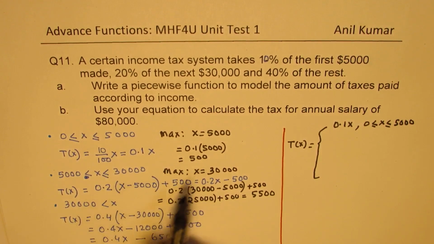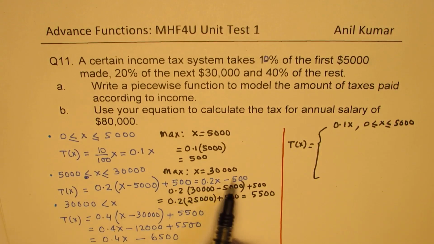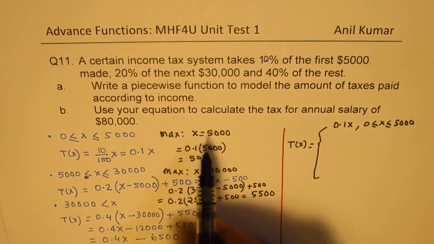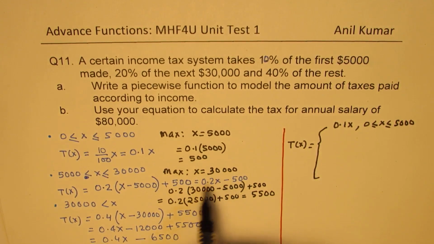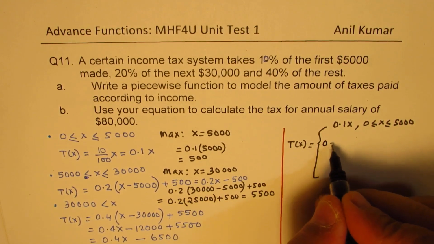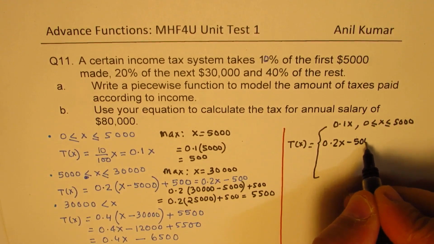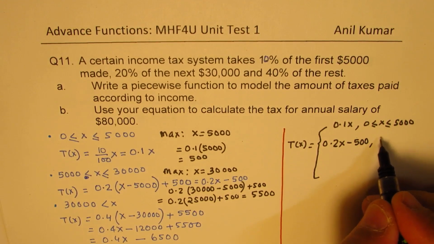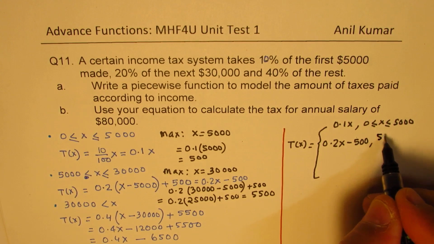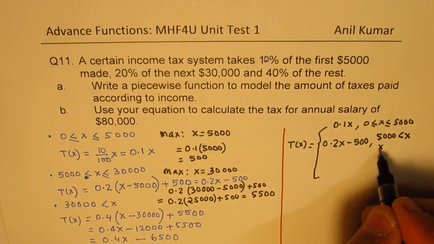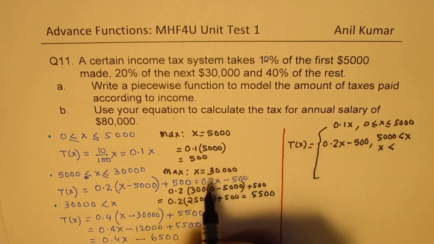The next bracket is when x is between 5,000 and 30,000, and the equation which we came up with is 0.2x minus 500, and that is when x is greater than 5,000, but less than 30,000.